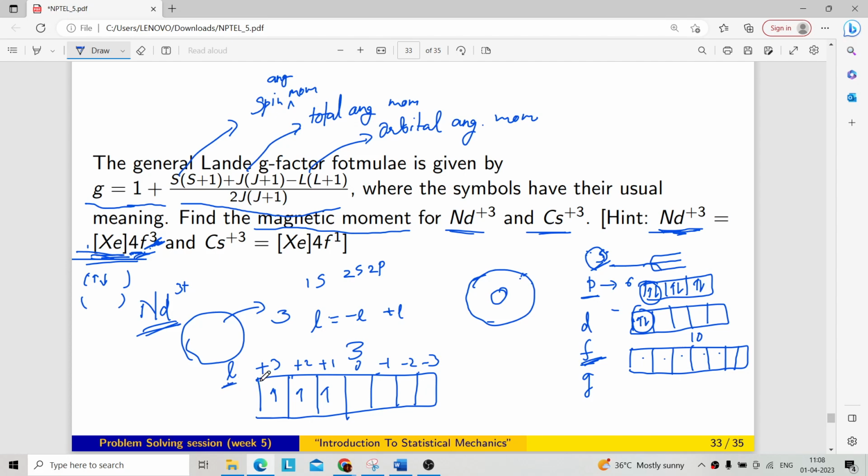But from the rule we need to fill from left to right. And we cannot fill 2 electrons in each suborbital until all the degenerate energy levels are occupied.